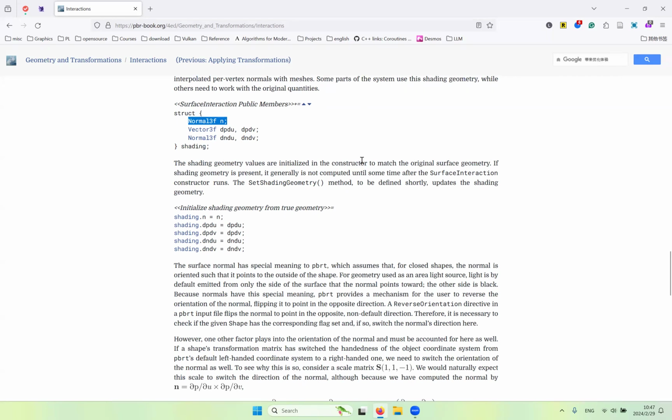I guess the original geometry normal is for like displacement mapping or something. Yeah, and this is the shading normal. Yeah, I guess so.